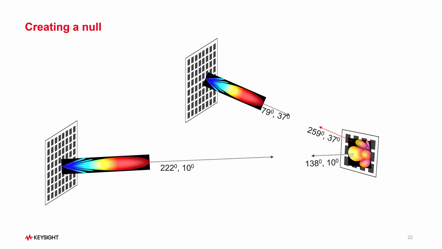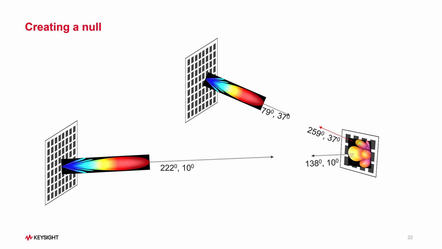So our receiver will receive energy not only from the desired signal, but also from the interferer. This will certainly cause problems for our receiver. So what can we do?